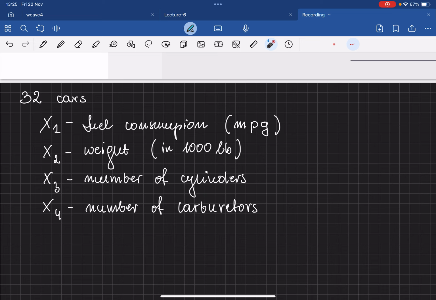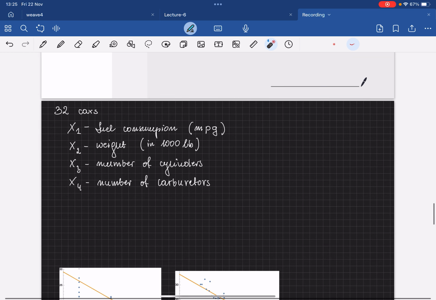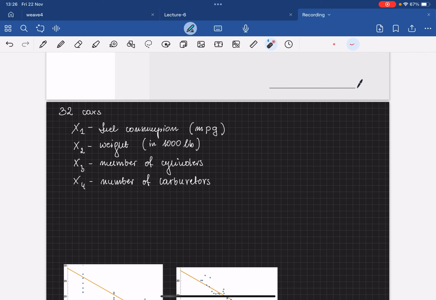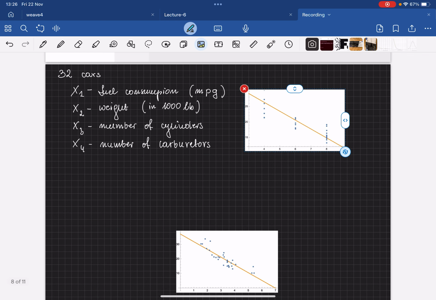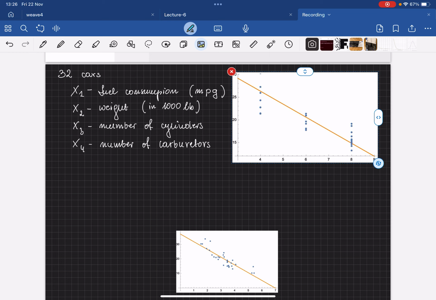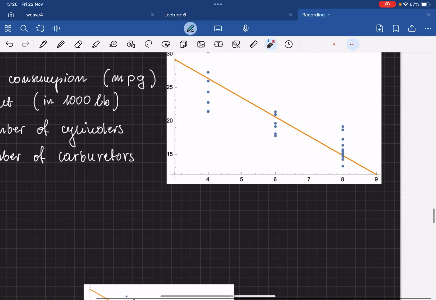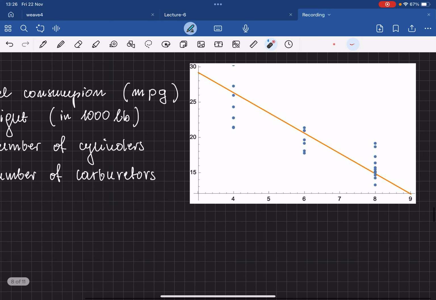We can start with doing pairwise regressions and look what happens. So, for example, if we take into account the dependence between fuel consumption and number of cylinders, it is the following thing.